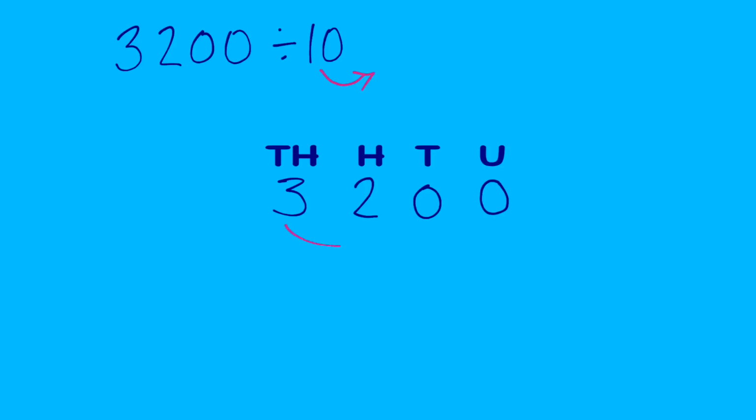So the 3 moves one place to the right, write it there. The 2 moves one place to the right. The 0 moves one place to the right. And this 0 moves one place to the right, but it's at the end. We don't need a decimal, so that can just disappear. So 3,200 divided by 10 is 320.